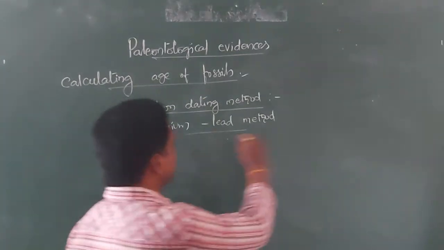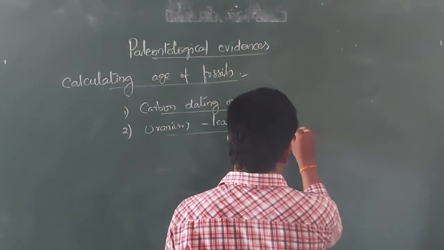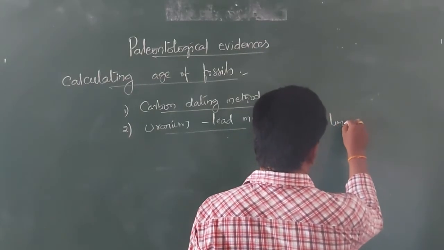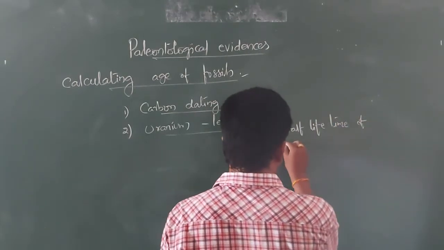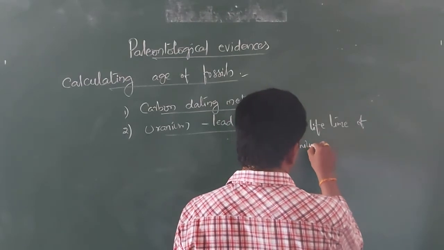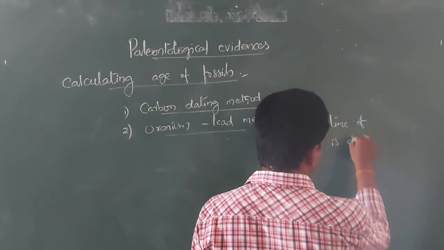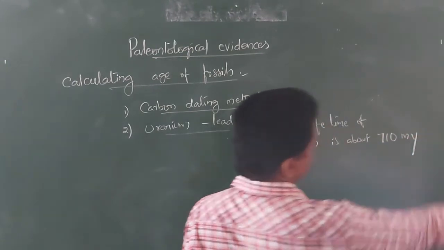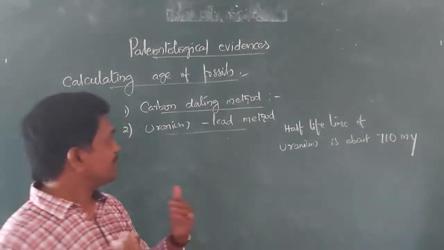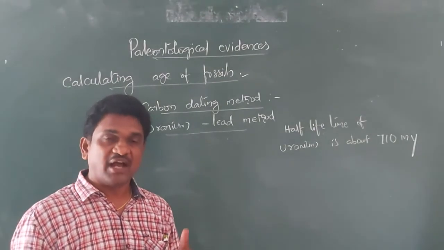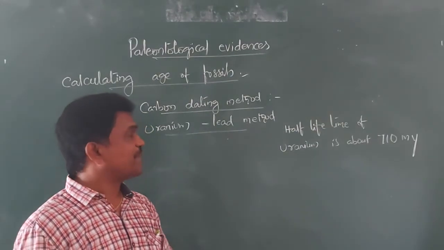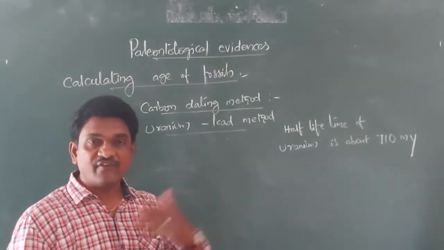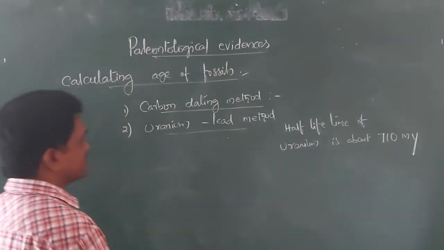The half-life of uranium is about 710 million years. It means 100 atoms of uranium in the organism become 50 atoms of uranium in 710 million years. So the half-life is about 700 million years.